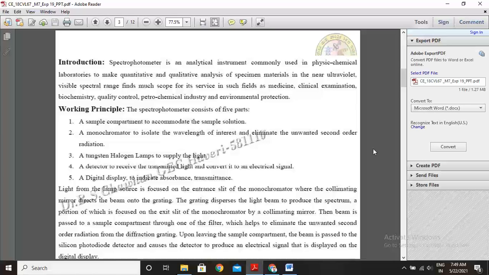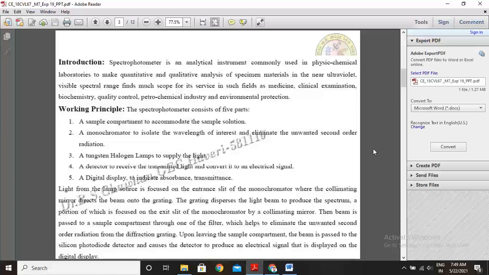Light from the lamp source is focused on the entrance slit of the monochromator, where the collimating mirror directs the beam onto the grating.